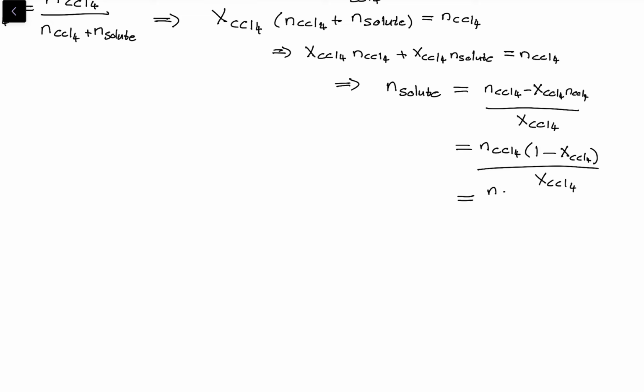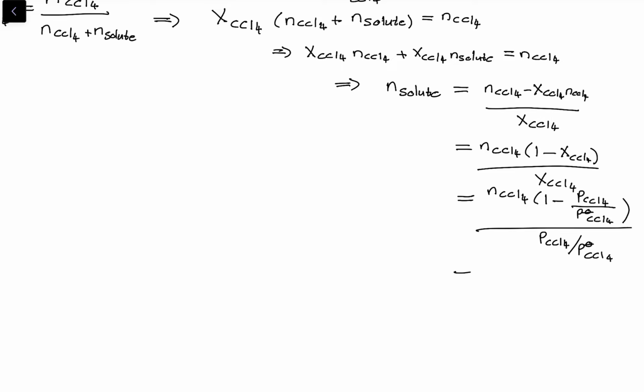And that means NCCl4 multiplied by 1 minus PCCl4 divided by P naught CCl4, divided by PCCl4 divided by P naught CCl4. So once again, you can calculate this separately and plug it in, but now we have a full expression for N solute that we can substitute in wherever we want.